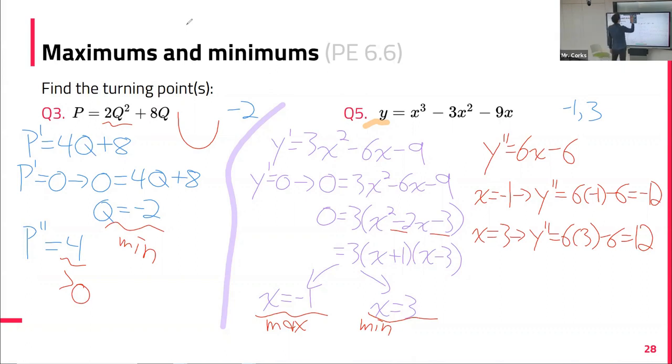So again, all of these make sense with what we can expect from the graph. This was a positive x cubed, so this kind of pattern is what we were expecting. We had a maximum point first, minimum point second. Okay, that matches what we expect to see from this graph.